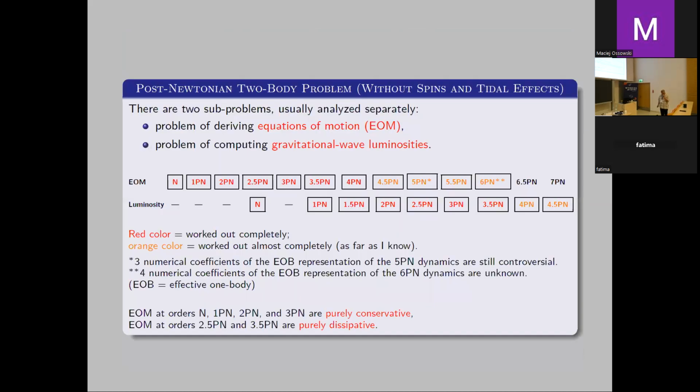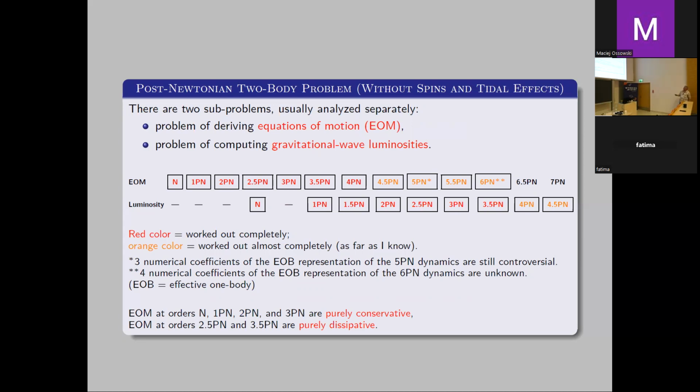Okay, we are still making some preliminary considerations, so it is useful now to say that, in fact, the post-Newtonian two-body problem usually contains two sub-problems, which are analyzed separately and solved by means of different tools.